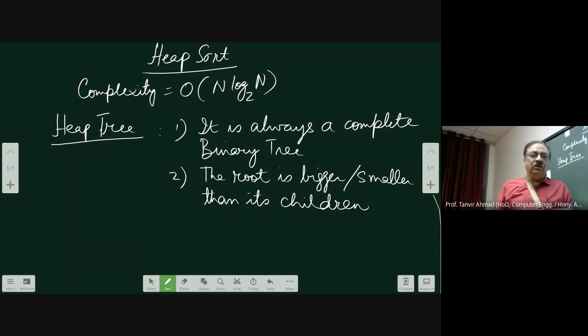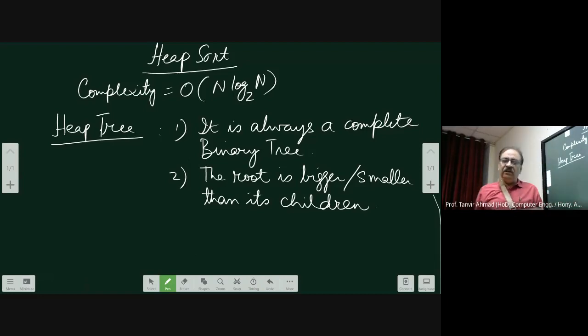Now, the question is how we are going to implement the heap tree in memory. Obviously, you know there are two ways to do it. One is a linked list method, and second is an array method. Since we know that if I am going to maintain a heap tree as an array, there will be no spaces in the middle which will remain vacant.